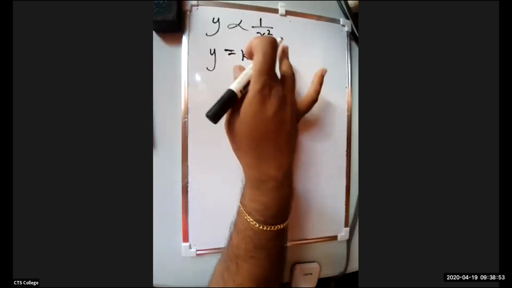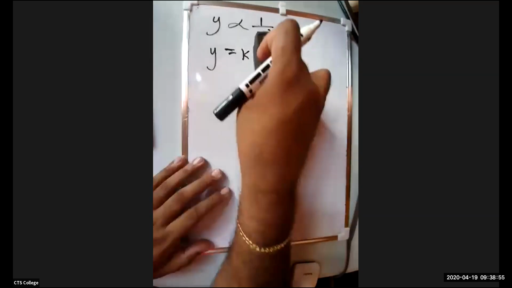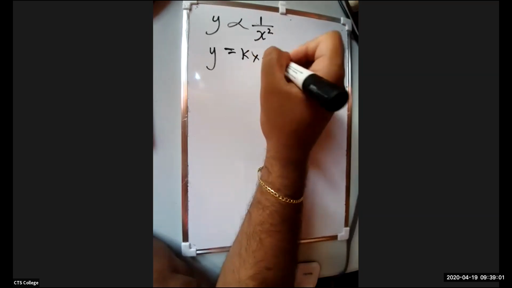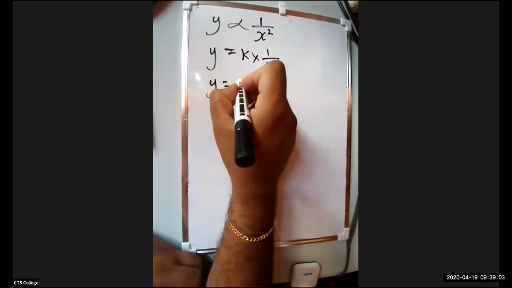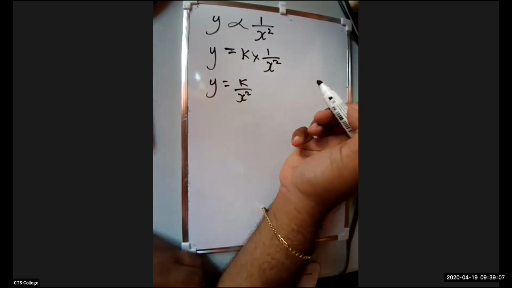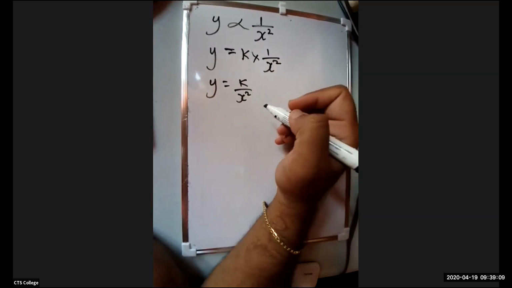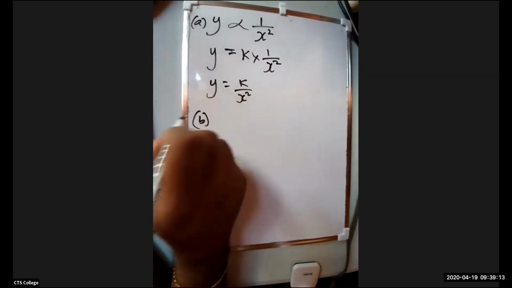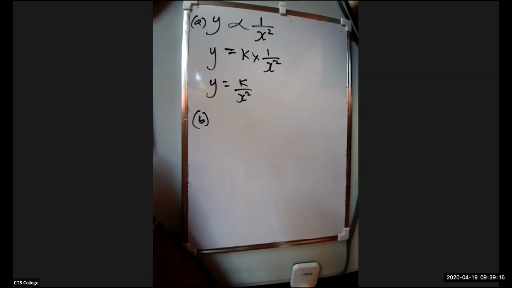If anybody is confused about what I'm doing here, you have to refer to the handout that I sent to you last week on variations, right? Because we're pressed for time, 1 over x squared. So y is equal to k over x squared. Okay? And that's the answer for part A, and that's for 2 marks. This whole question is worth 8 marks. Right, let's see the other parts of the question.